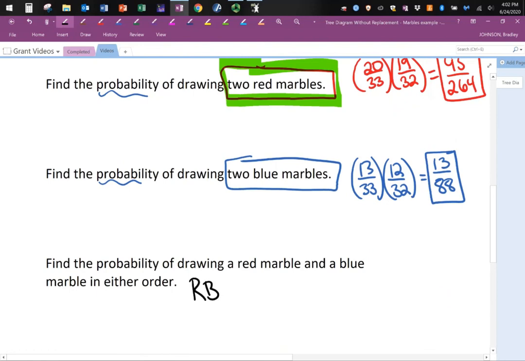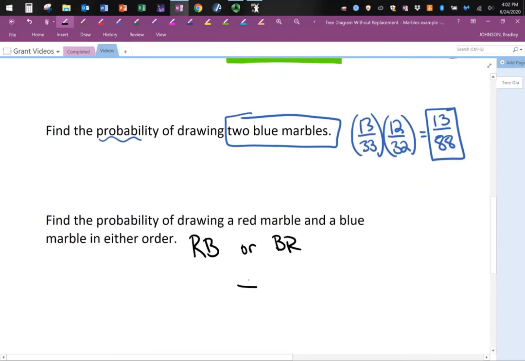So I will have red then blue, or we can have blue then red. In order to consider each of those probabilities, we must add them together. So we're going to have some multiplication going on, like we did down the branches before, but then we have to add the pathway, because either order could come into play.